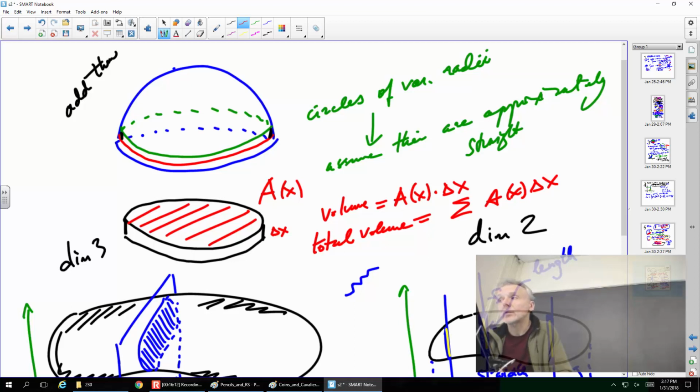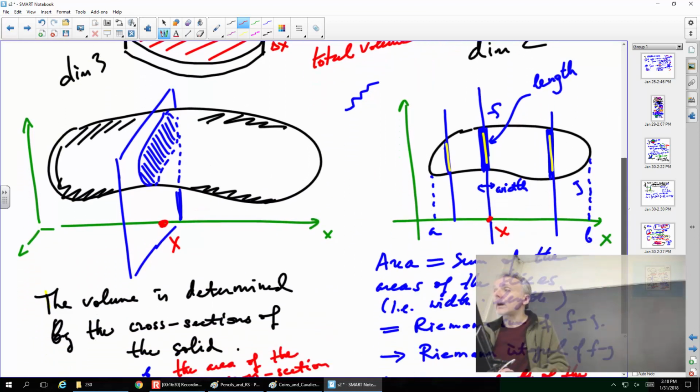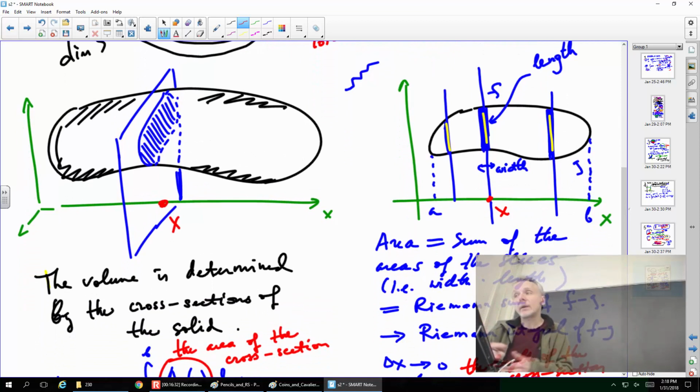And once again, as we take the limit with delta x going to 0, we will have the exact volume, not the approximate value. So I'm not going to go through a lot of details here, but we already did enough with the area. So as far as the Riemann integral is concerned, it is the same Riemann integral.